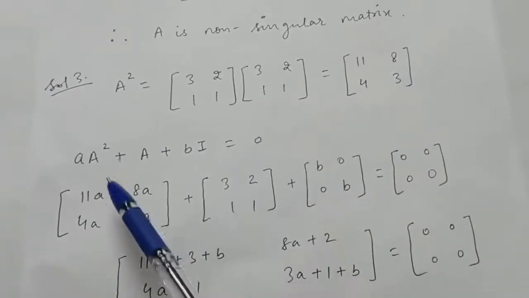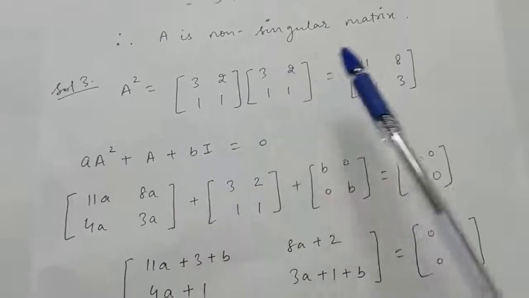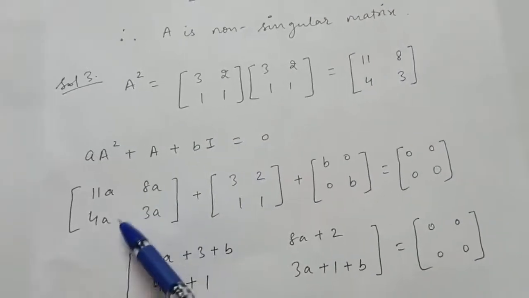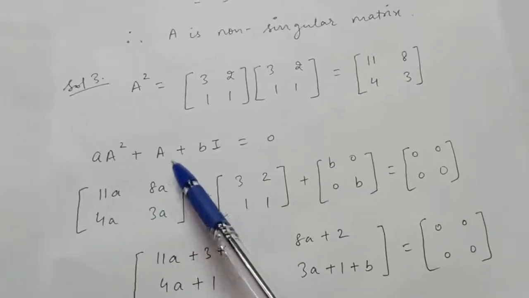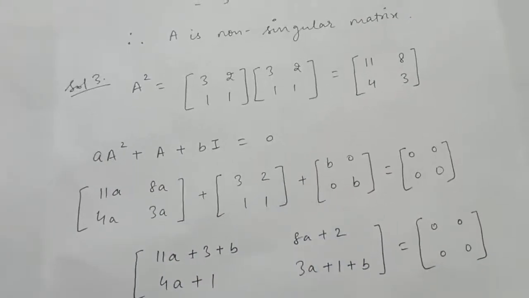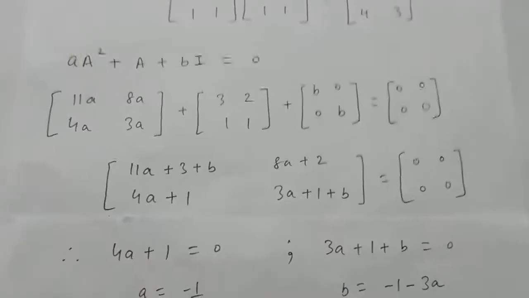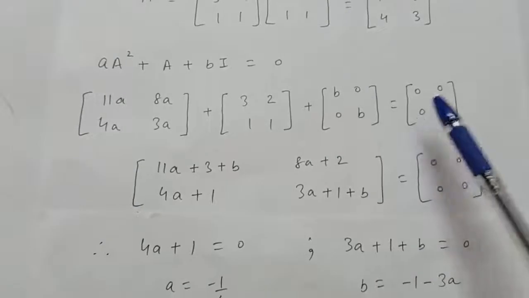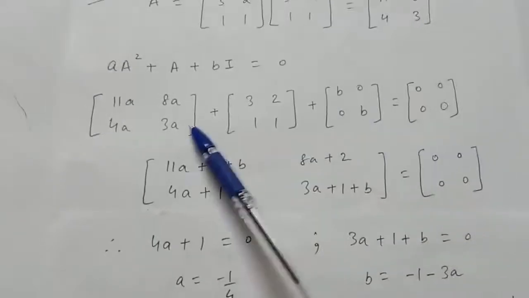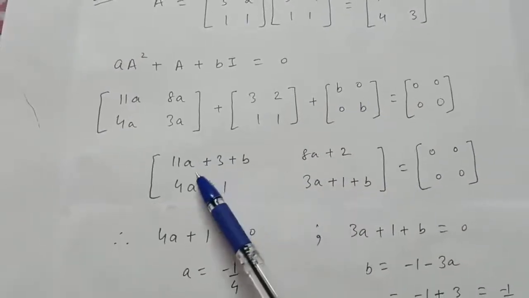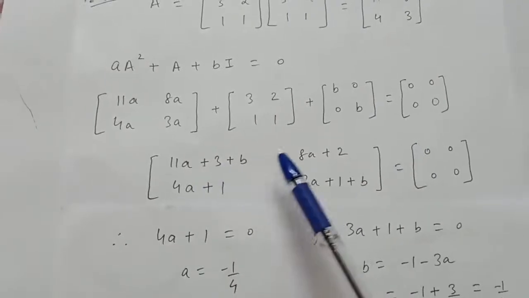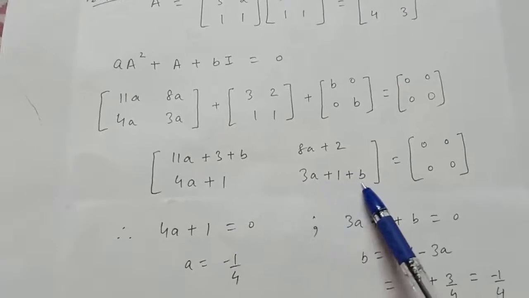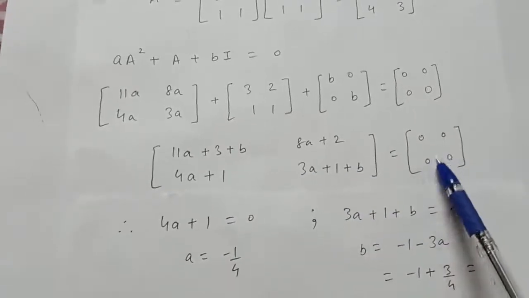Now multiply a with all the elements of A, so you will get 11a, 8a, 4a, 3a, plus A, which is given as this matrix, plus b into the identity matrix, which will be b, 0, 0, b, equal to the null matrix. Now add these three matrices, you will get 11a plus 3 plus b, 8a plus 2, 4a plus 1 and 3a plus 1 plus b equal to this null matrix.